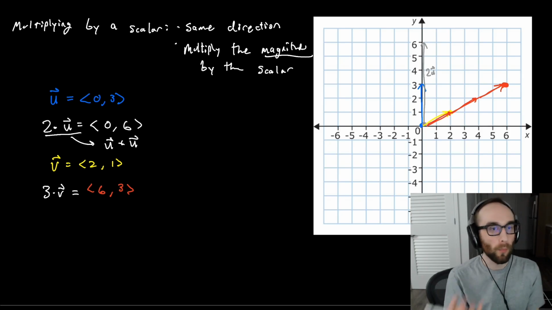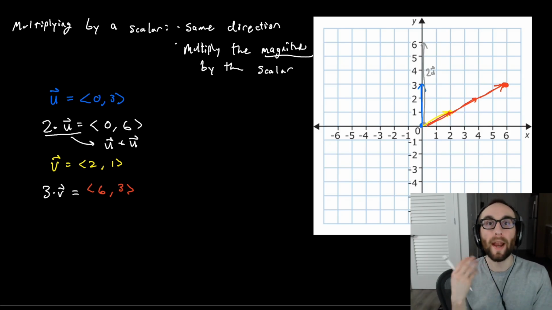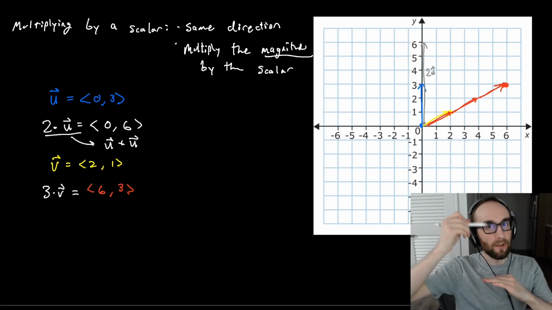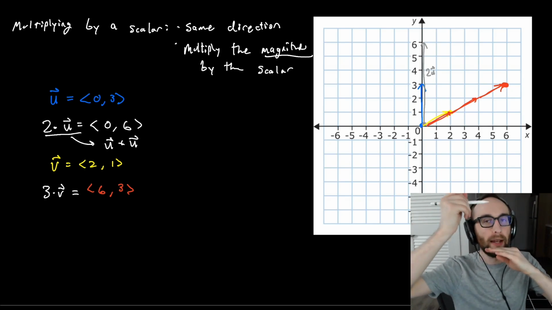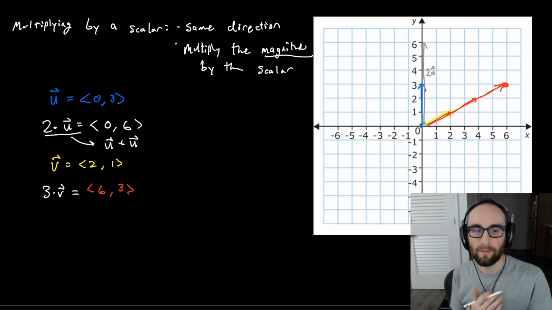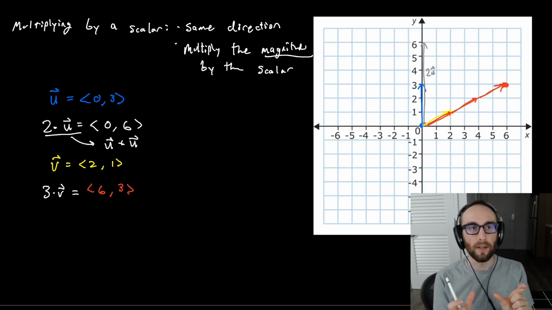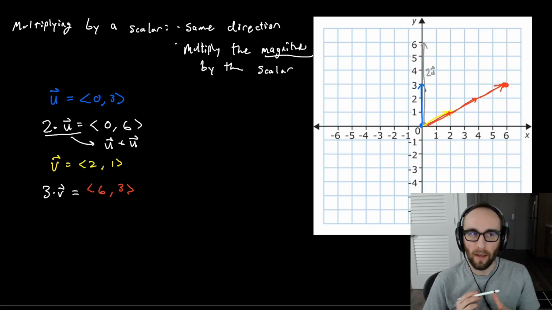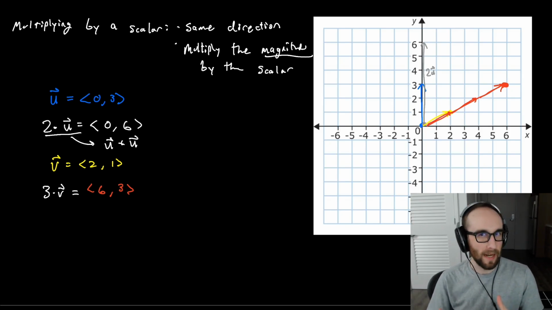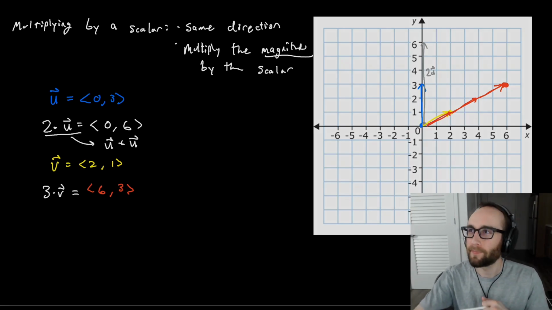If it was 1.5u, we'd be adding u and then 1/2 of u. So same direction, we would add u and then we would add 1/2 of u. And at that point, we would get (0, 4.5). So that's how we multiply by a scalar. Multiplying two vectors is a little bit more complicated, and we'll talk about that later in the unit. And there's a specific name for it that we'll go through.